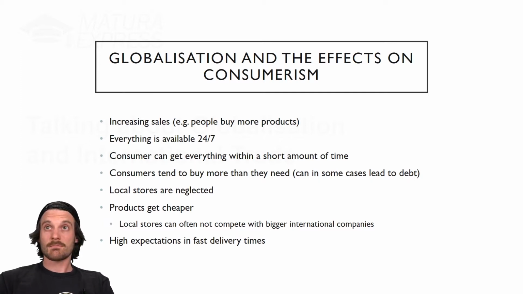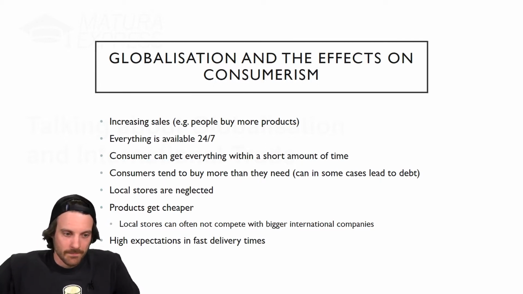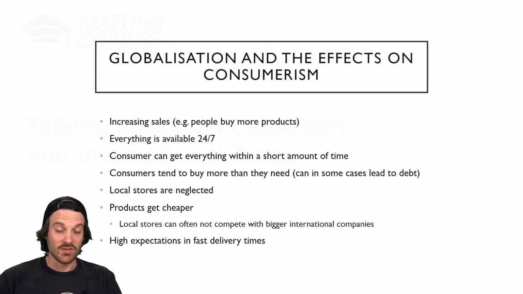Of course, one effect is increasing sales. People buy more products. Everything is available 24/7. You can get everything within a short amount of time. And with this, consumerism also changes.